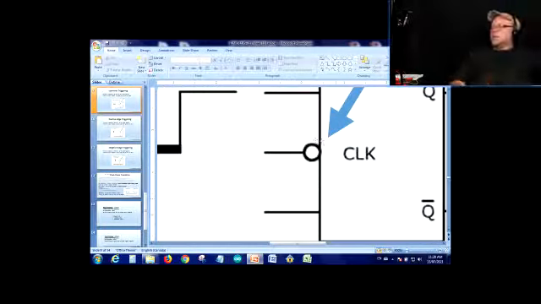Okay, so over here there's a little bubble, and there is no triangle. That means it's a level triggering, not an edge triggering, and there's a bubble, so it's a low level triggering.